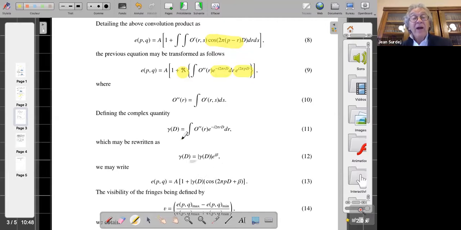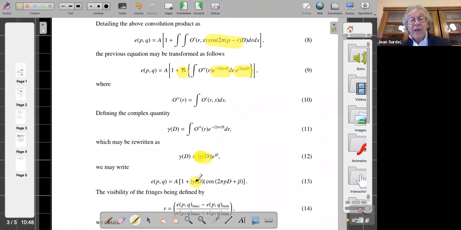And we may then rewrite the previous expression, the surface brightness distribution in the focal plane of the interferometer, as a multiplicative constant A by 1 plus. Now, if we take the real part of all this, while substituting these two quantities, we see that there is a module of gamma, which appears here.